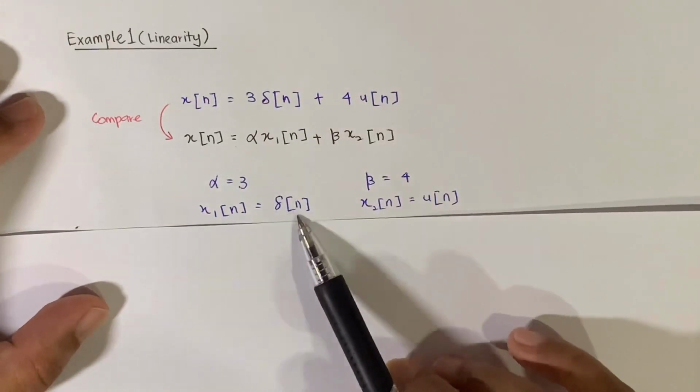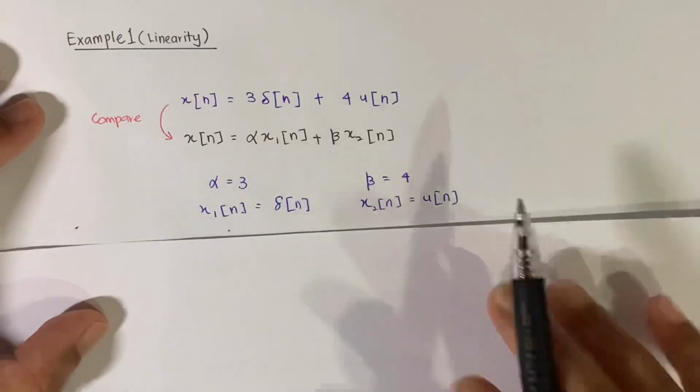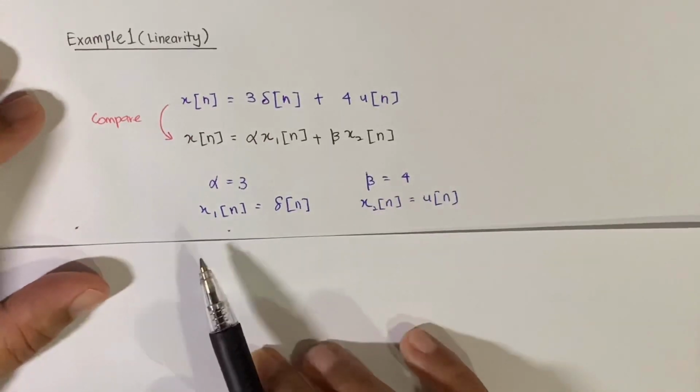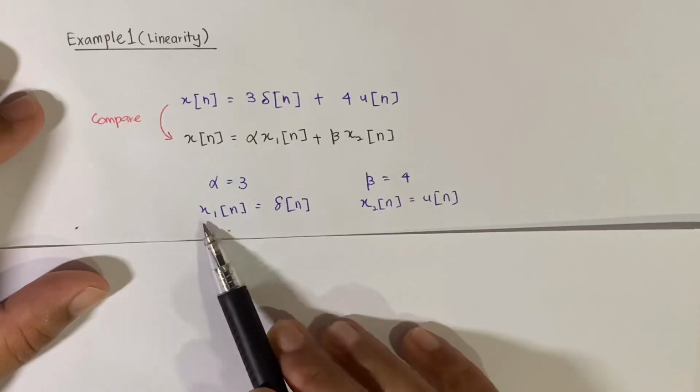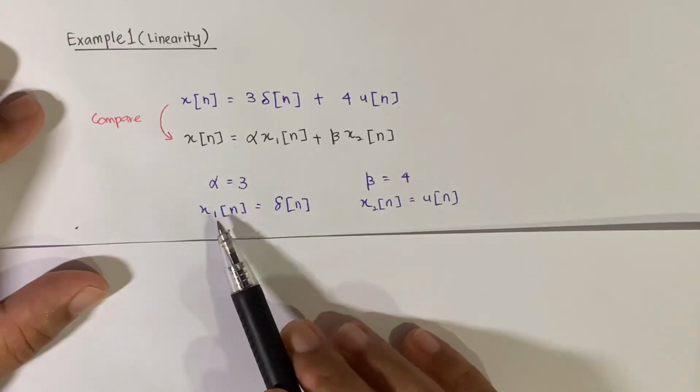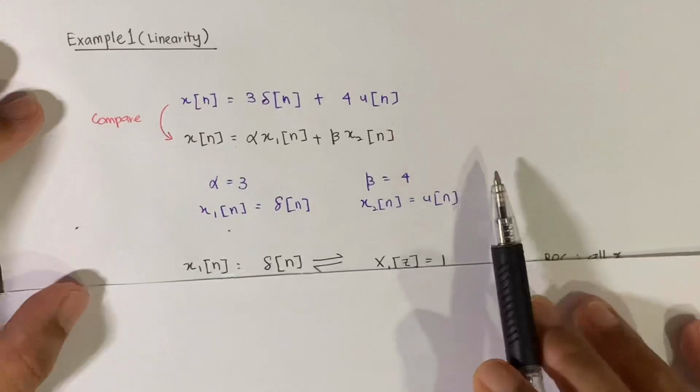Delta[n] is the impulse. So we need to find the Z transform for this x1[n] and x2[n].